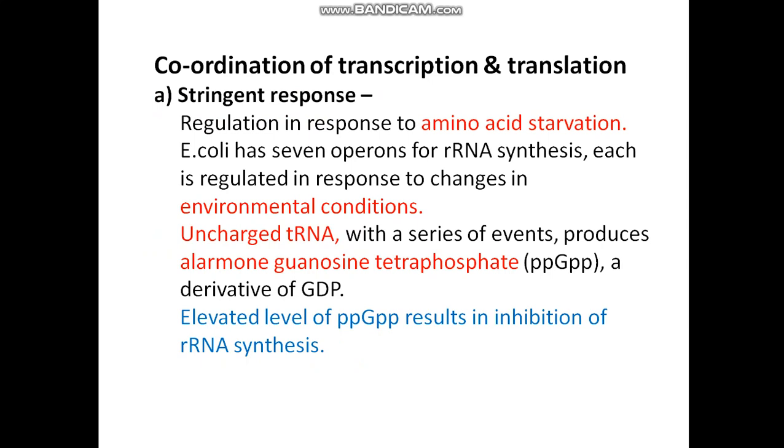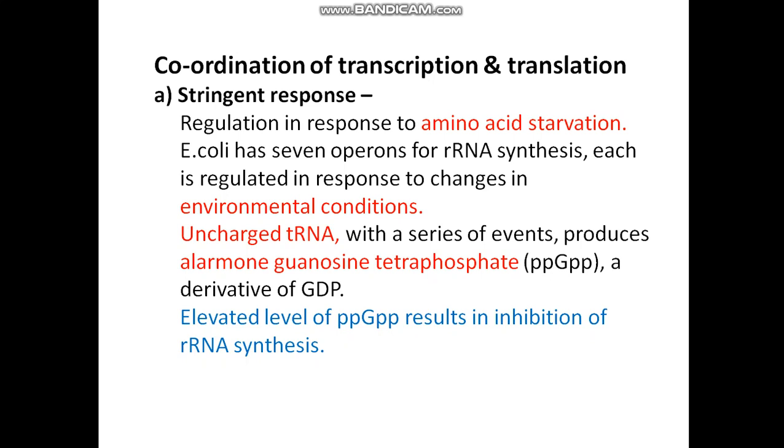The coordination of transcription and translation in prokaryotes is by a stringent response, and we see the regulation in response of the 7 operons of ribosomal RNA synthesis in E. coli is done by amino acid starvation or other environmental conditions that regulate its response.